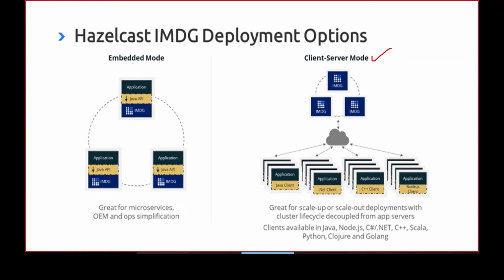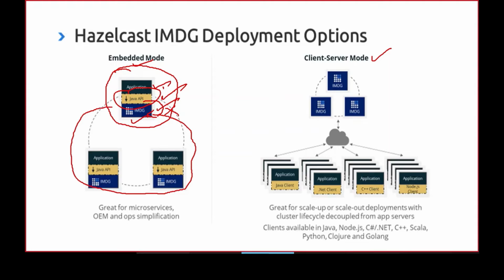The other mode is embedded mode. Your application will have a Java API to directly invoke IMDG. So these three things will be tightly packed. Within the application layer itself, the IMDG server will be invoked, and as long as this Java program is running, the node will also be running. If you close this program, the node will be shut down, and the set of your applications will form a cluster.